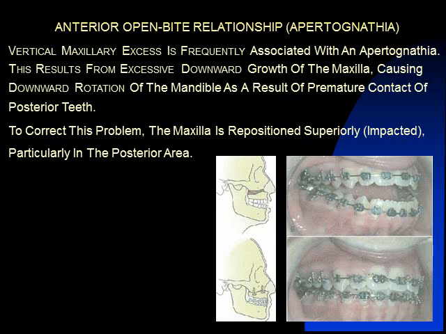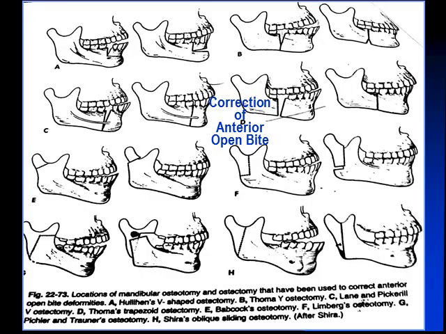By selective superior repositioning, removing bone from the upper jaw and pushing the posterior part upward, the mandible can move anteriorly to close the open bite. That is one common method, and there are also many other methods: subapical osteotomy, mandibular osteectomy. Many methods could be used to correct this deformity.